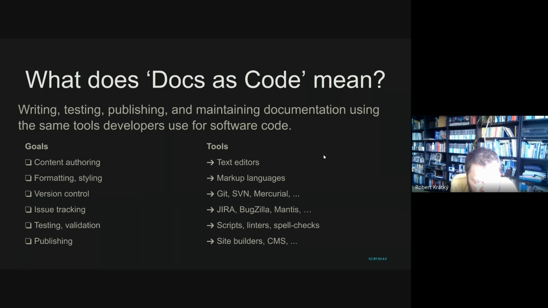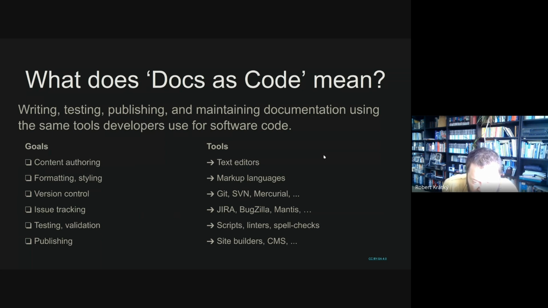So there are some aspects of it, or some goals, if you will, that you really need to look at if you want to publish or author, maintain, and publish some documentation.